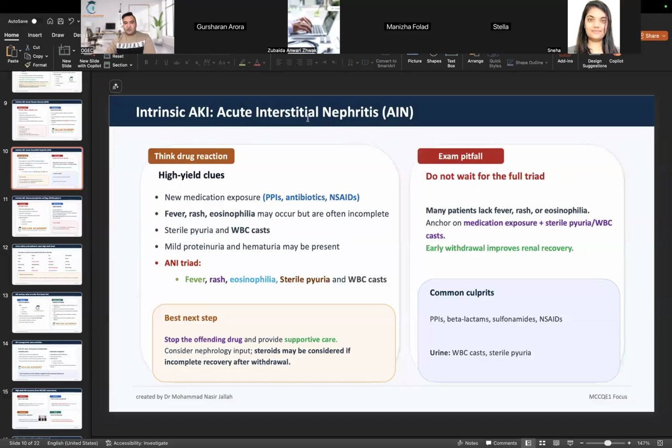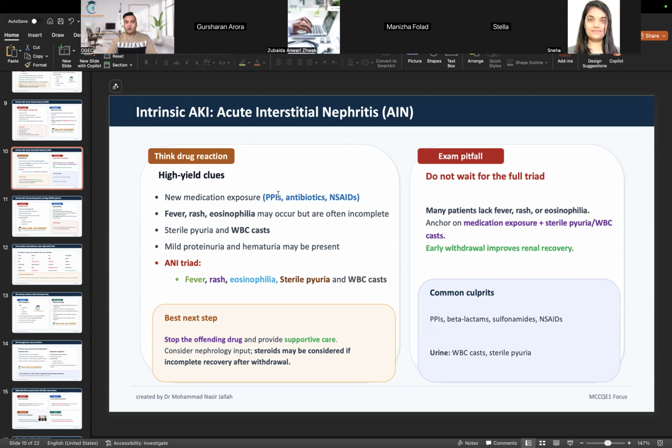Okay, acute interstitial nephritis, drug reaction, the high yield clues. So in acute kidney injury, we have acute tubular necrosis, we have acute interstitial nephritis, we have glomerulonephritis, we have thrombotic renal disease, and so on and so forth. We have a lot.